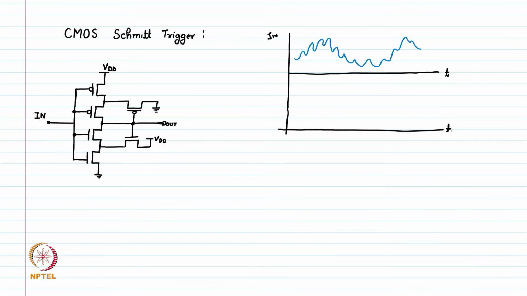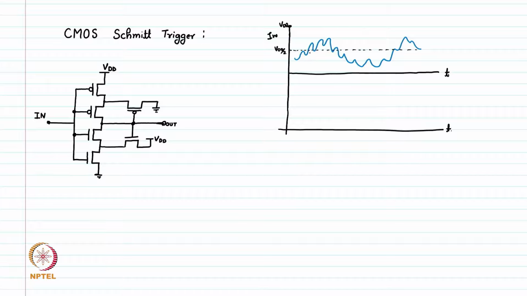For an inverter, we know that the switching point is the middle of the supply voltage. So, for example, this is, let us say, VDD. VDD by 2 is the threshold value or the transition value. At this midpoint, the inverter is going to trip.